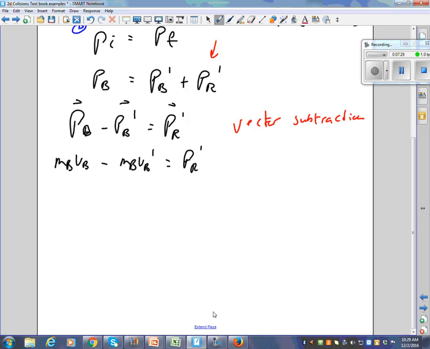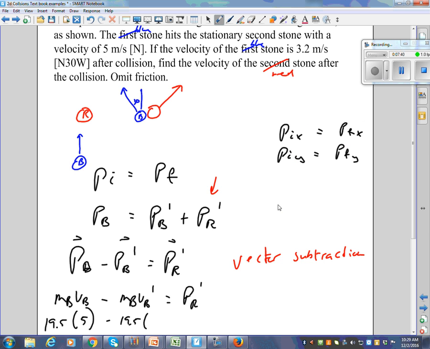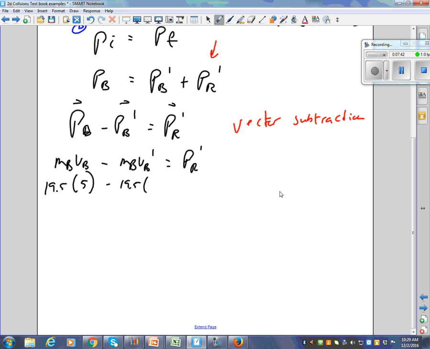So that's going to be 19.5 times 5 minus 19.5, and the velocity of B prime after is 3.2, is equal to PR prime.